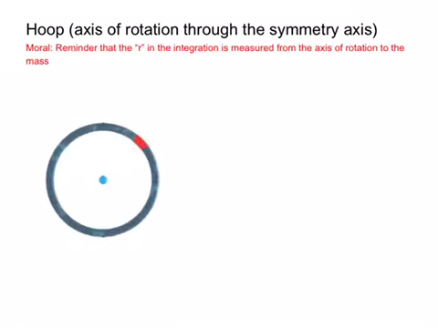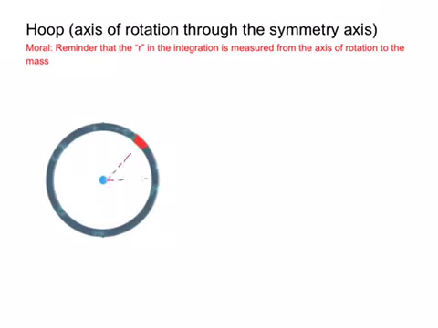So let's take a look at this hoop a little differently so that we're staring right down its symmetry axis. In this example, we're going to have to define our mass element dm, very similar to the Kool-Aid analogy, but this time instead of integrating over a straight length, we're going to integrate over an angle theta.